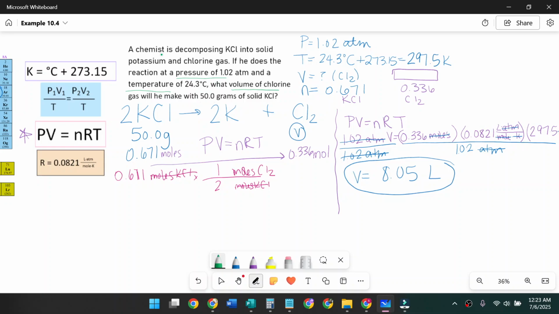So before we could jump straight to using this formula that we've recently learned, we had to kind of wind back a little bit and do the stuff we did in the previous 2 chapters and go through some stoichiometry here to figure out how many moles of the thing we had so that we could put that into the equation with the other numbers and find the volume. So again, we're mixing new stuff with old stuff. That stoichiometry that we did in chapters 8 and 9, we are going to continue to be using that throughout other chapters.